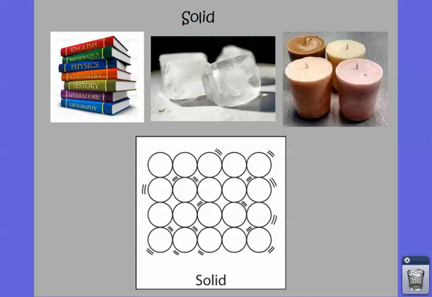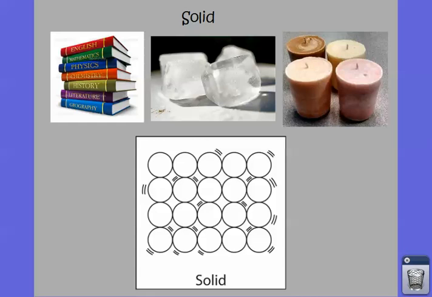These particles are unable to slide past one another, so this means that the solid maintains its shape. The shape is not going to change. So the way we say this is we say that it has a definite shape. The shape is defined, it's not going to change unless some sort of outside force comes and acts upon it.